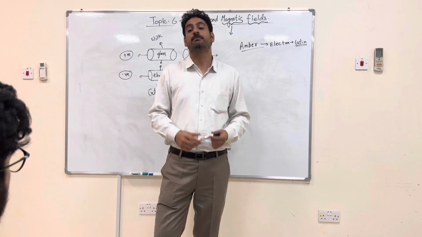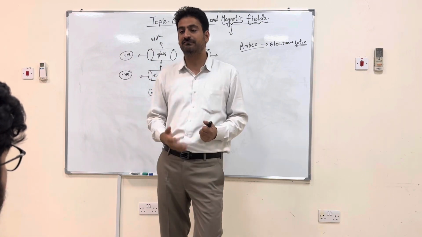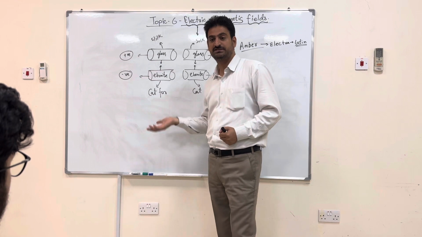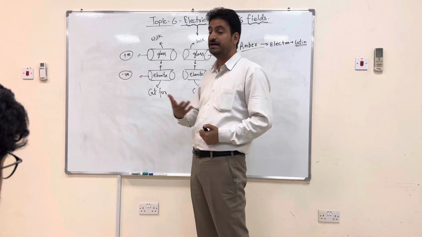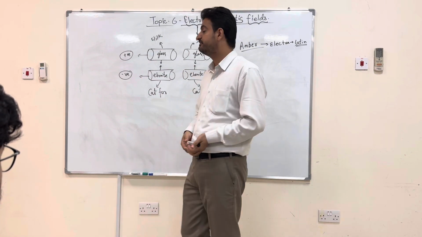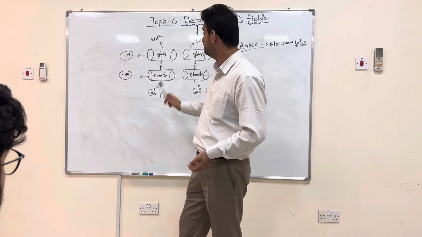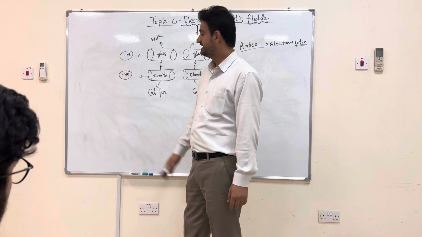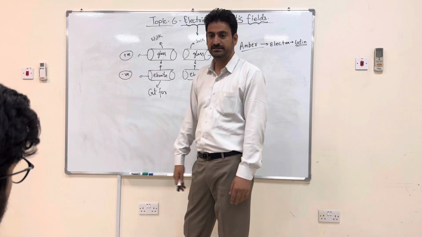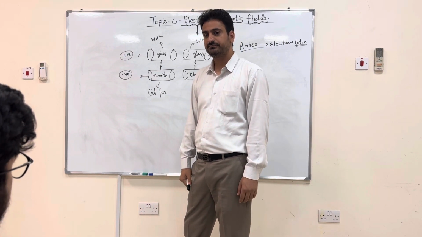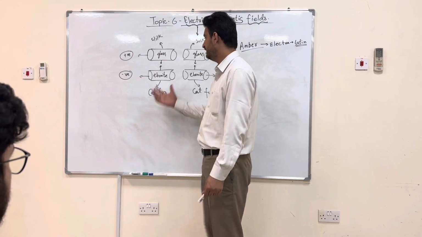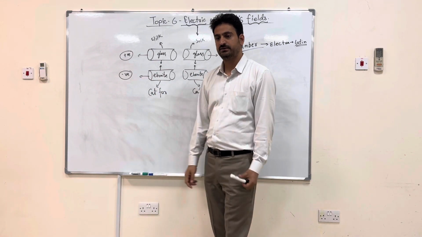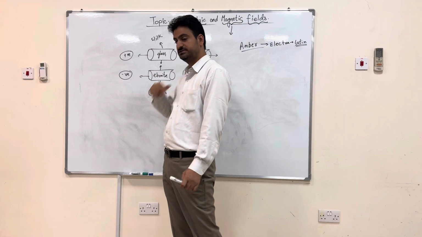Not because of any particular reason, we have to say that one of them is positive and the other is negative. So there was a big scientist, Benjamin Franklin. He said, I want ebonite to be negative. Everybody said, yeah, why not? Everybody accepted that. That's why we have this one as the negative one and this one as the positive one.